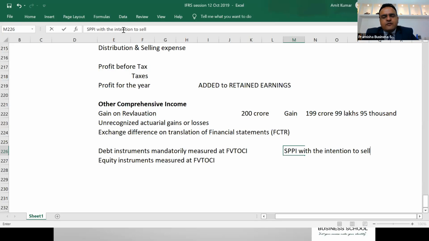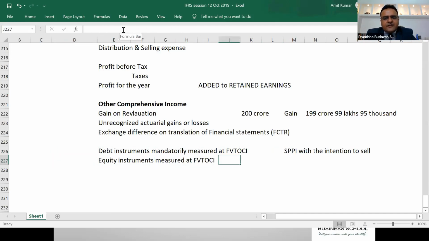That is, you are going to receive contractual cash flows and you are measuring it at amortized cost, but you intend to sell. You are not going to hold this investment till maturity. If you are not planning to hold this investment till maturity, you may sell it. You are required to mandatorily show it as fair value through OCI. Take the difference to OCI at the end of each year.